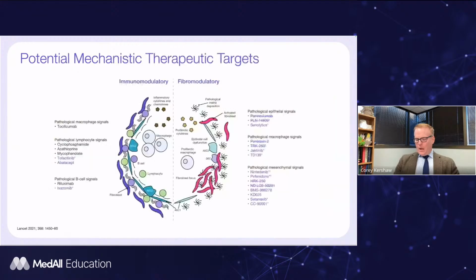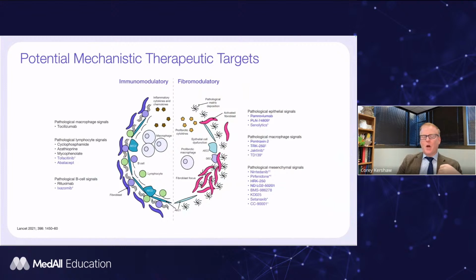Well, in 2025, this is a very exciting time to be an ILD-specific pulmonologist. Because we have a really good understanding of all the possible mechanisms by which fibrosis both occurs and progresses, that offers the opportunity for multiple therapeutic targets. And these are just some examples here.